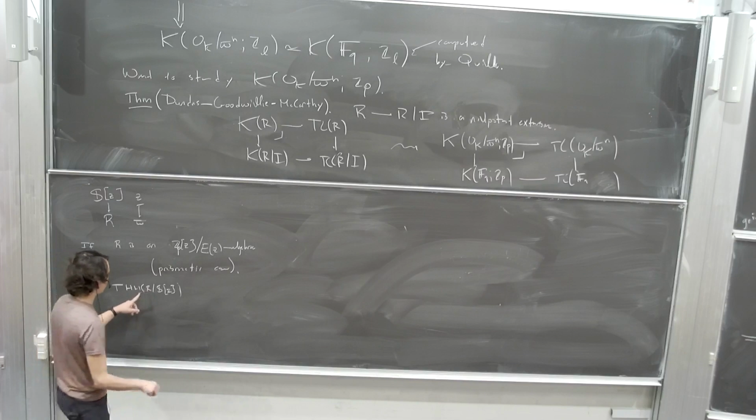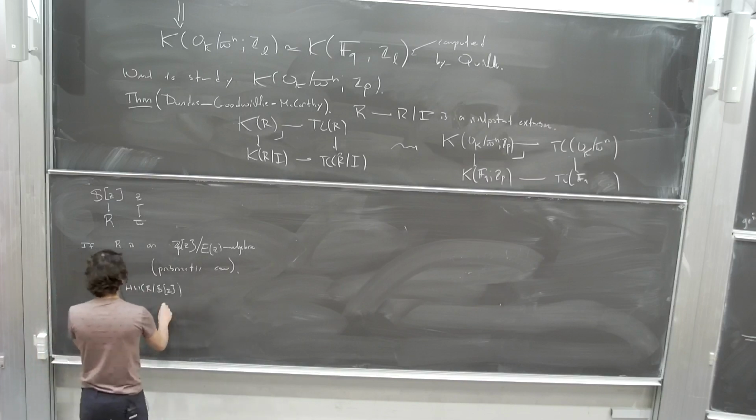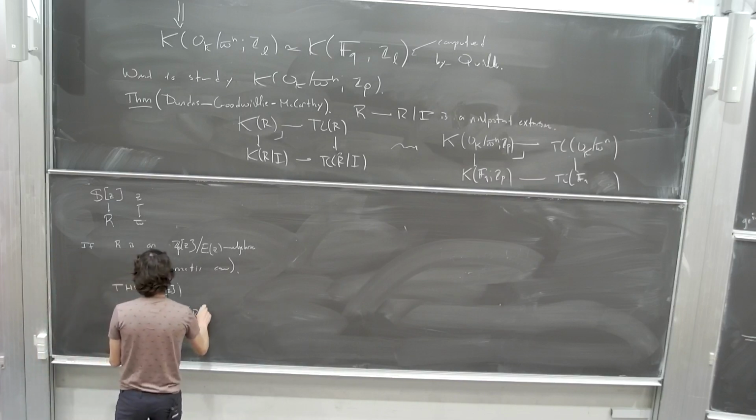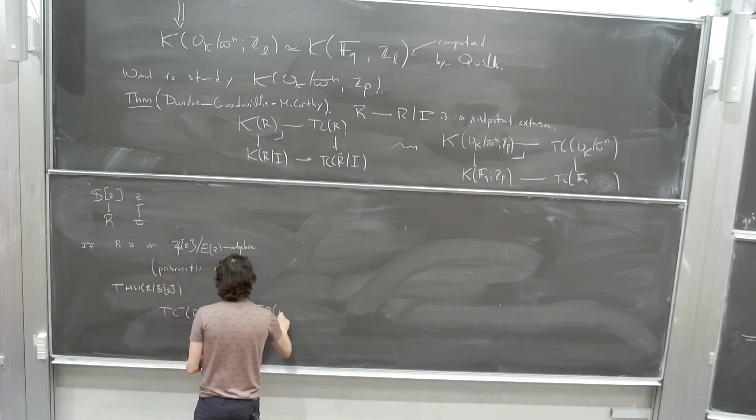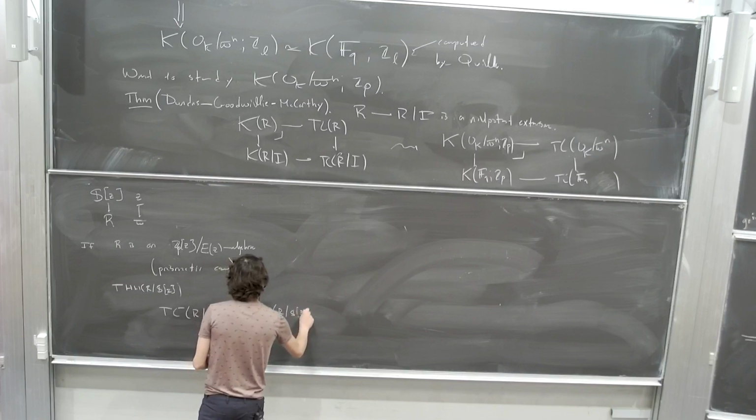This is something that makes sense, and I can consider the corresponding TC minus of R over S adjoin z and TP of R over S adjoin z.